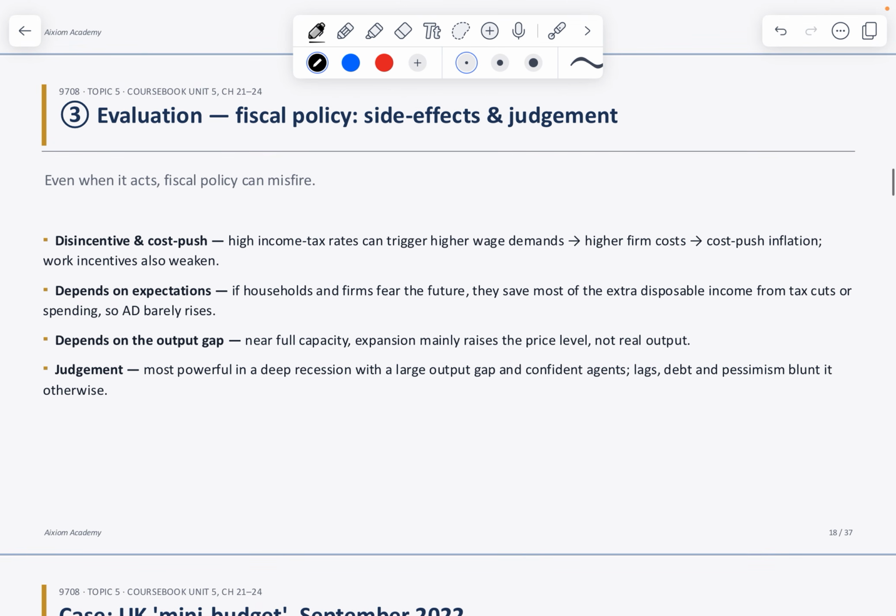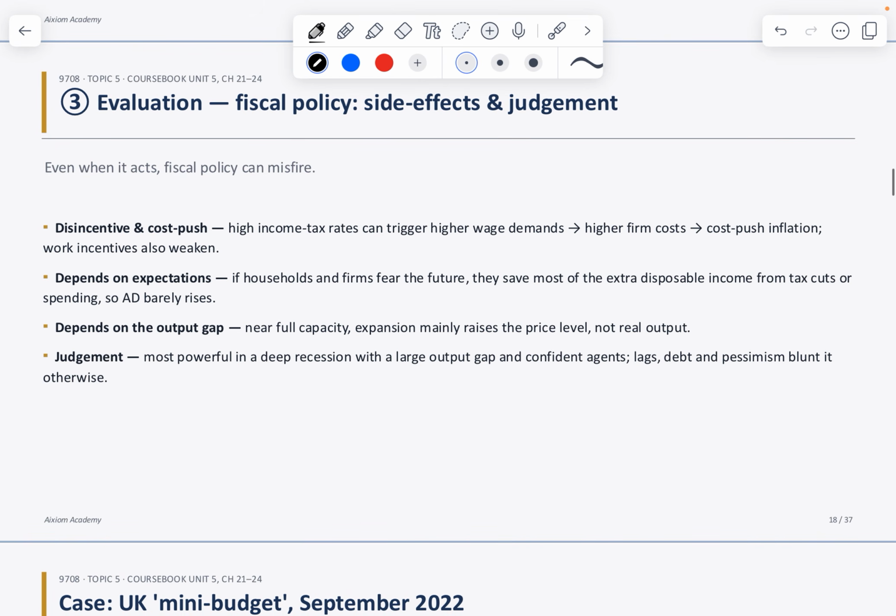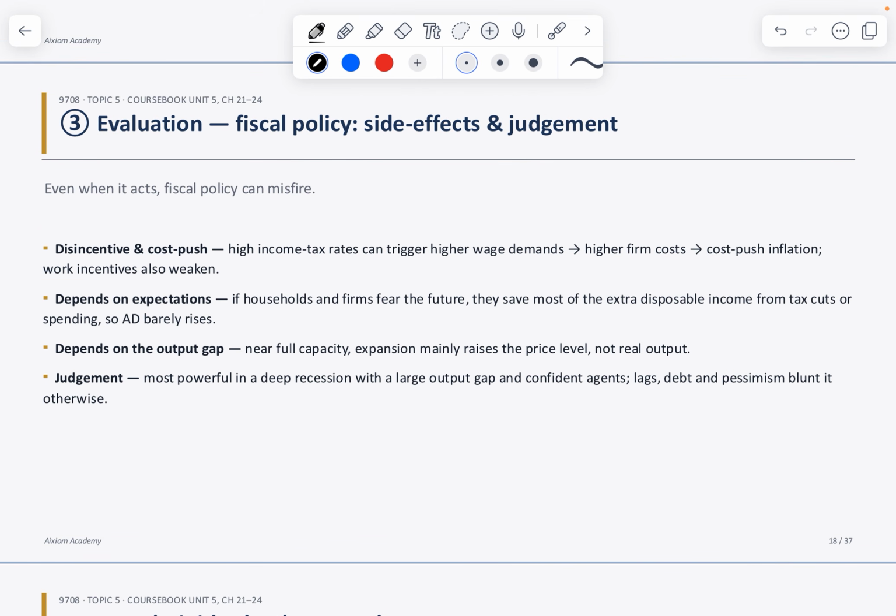Also, this all depends on expectations of households and firms for the near future. If they believe the near future is going to be bad, they will still save for precautionary reasons, and so AD will barely rise.